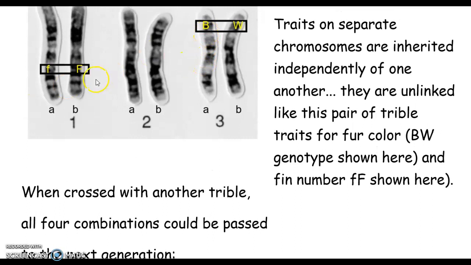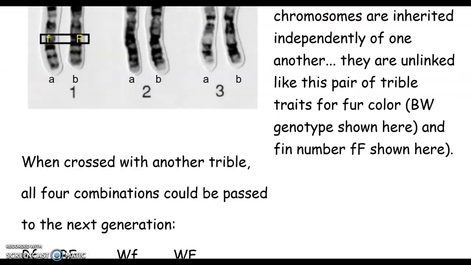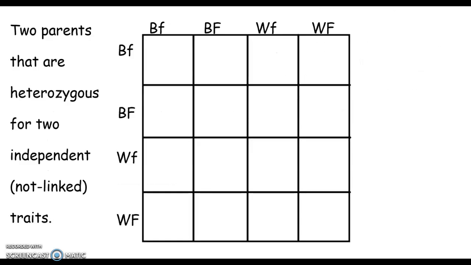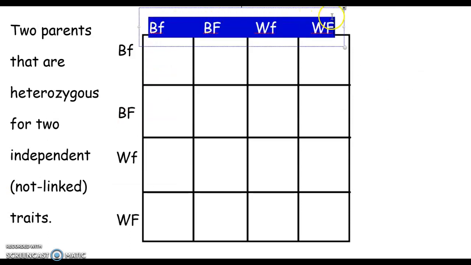The big B with the big F, the W with the little f, and the W with the big F. All 4 of those are possible to pass on. And that means that our Punnett square is going to be somewhat more complicated, right? If they're independent, then notice here all 4 possible combinations that parent could have donated to any offspring.